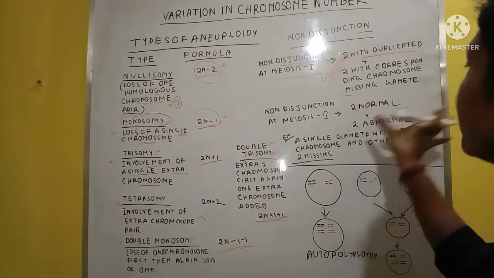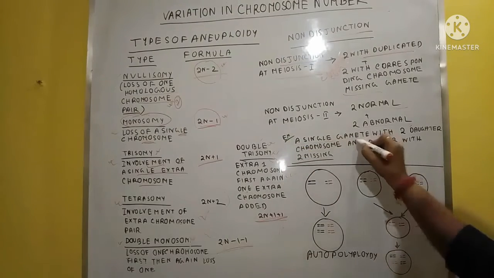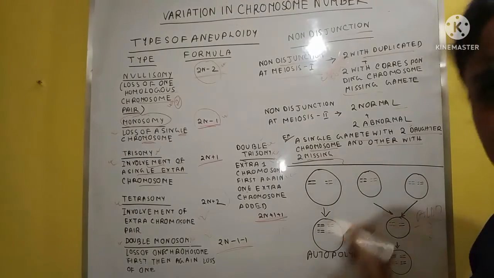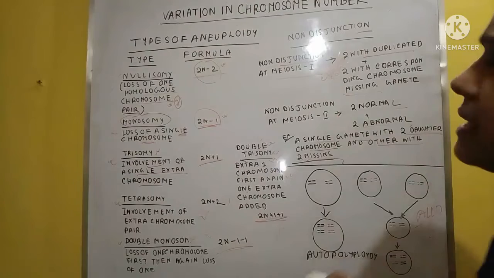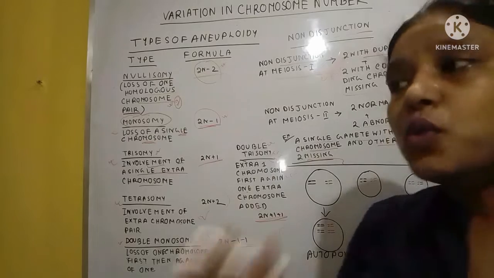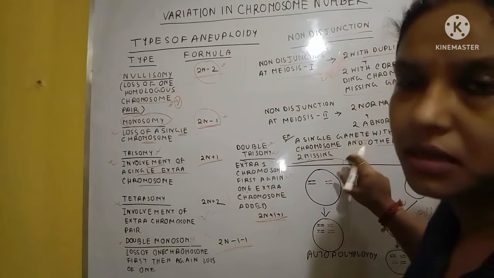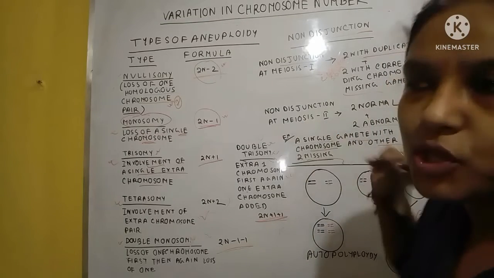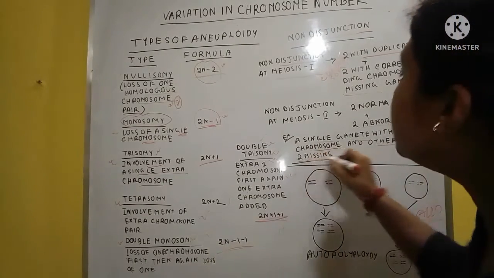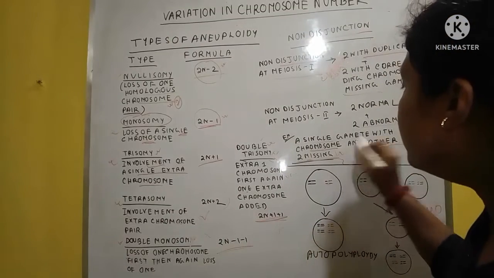One example is a single gamete with two daughter chromosomes and another gamete with two daughter chromosomes missing.